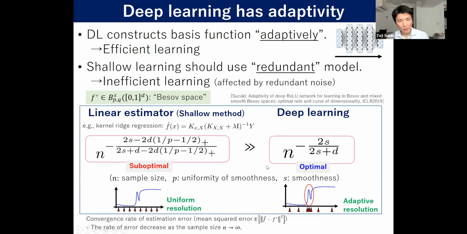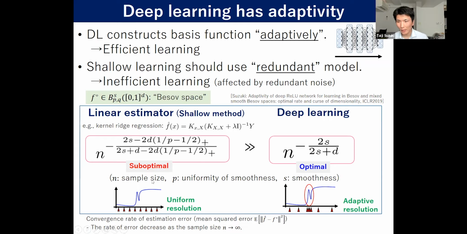But on the other hand, if you use the kernel method, for example kernel ridge regression, you suffer from a suboptimal rate, which is given by this rate. You can see that there is an additional term like this. This additional term is characterized by some parameter p. What is p? The p is the parameter that controls the uniformity of the smoothness.